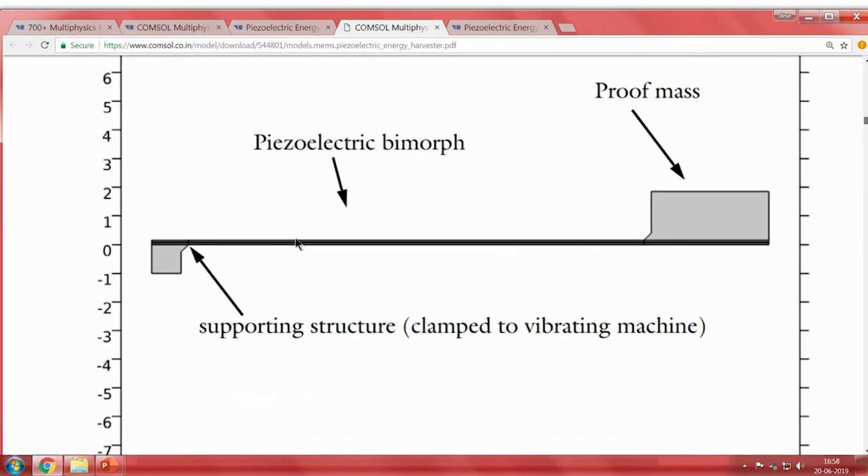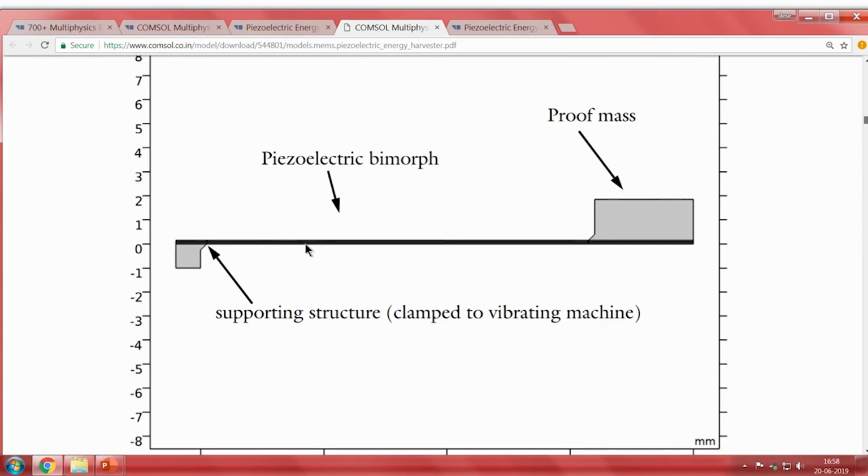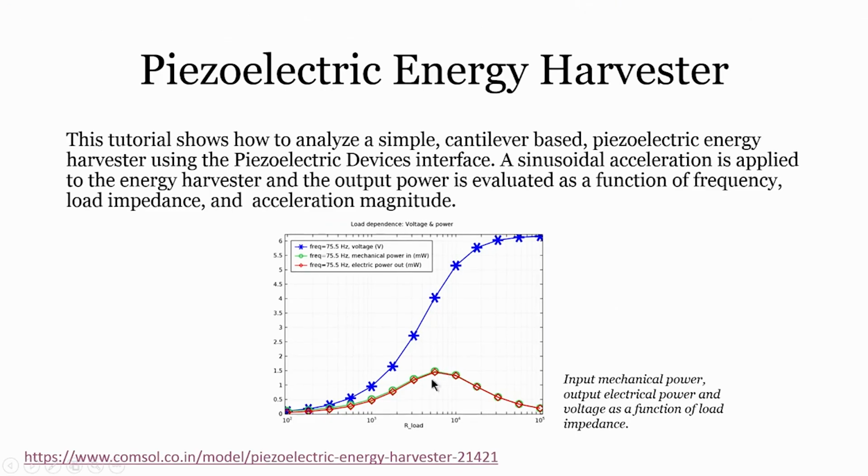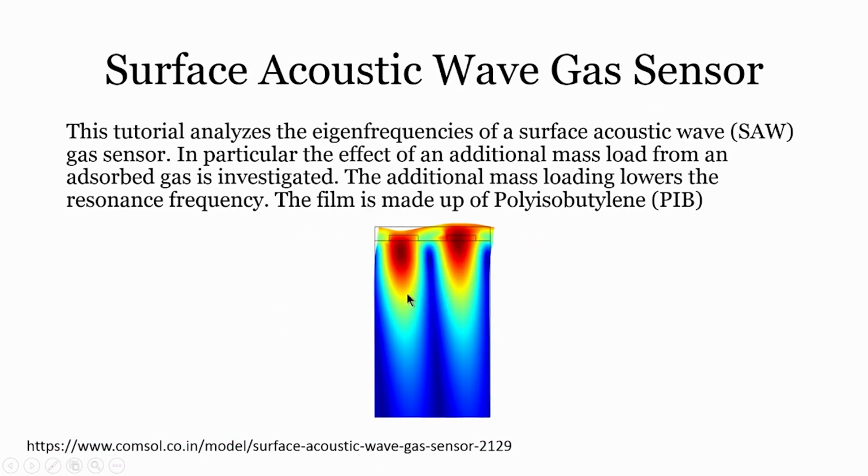So you can see over here we have the 2 layers of piezoelectric material, and this is the proof mass which is actually vibrating, and this is the supporting structure. You can see based upon the different loads what is the resonant frequency, and the mechanical and the electrical output energy that the device is giving. So over here the input is mechanical energy and the output is the electrical voltage.